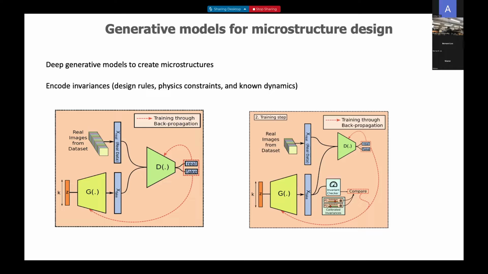We check to see if those invariances are being satisfied, and that invariance checker feeds back to the generator. In addition to that, we also make sure that these fields are realistic. So essentially, it's an augmentation of the standard GAN framework, where we have a generator and an invariance checker.